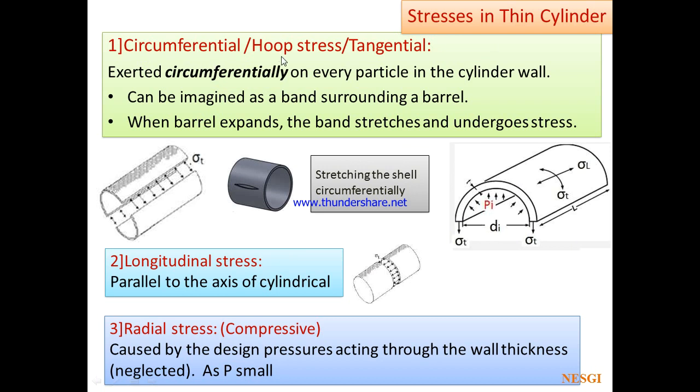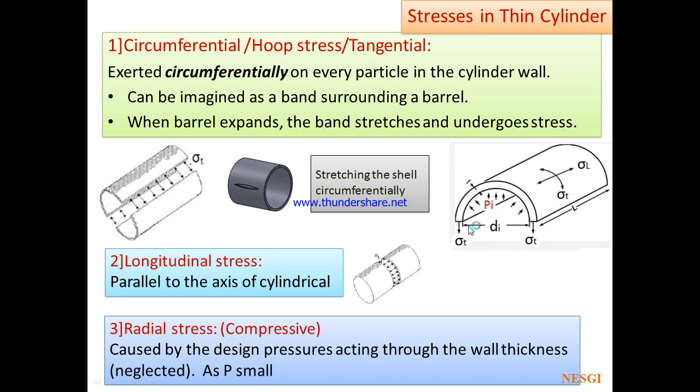First one is circumferential or hoop stress or tangential stress. This stress is exerted circumferentially on every particle in the cylinder wall. You can imagine it as a band surrounding the barrel. When the barrel expands, the band stretches and undergoes stress.